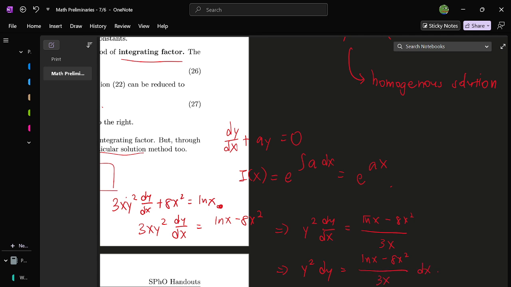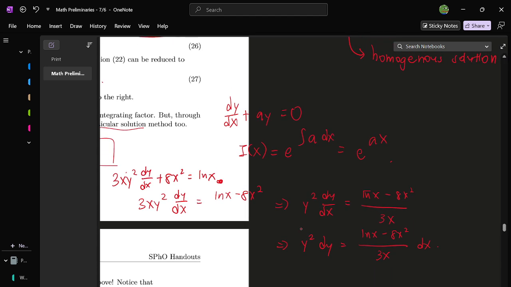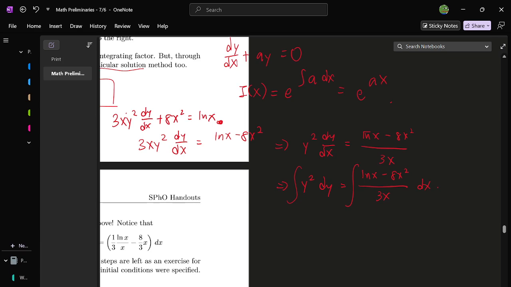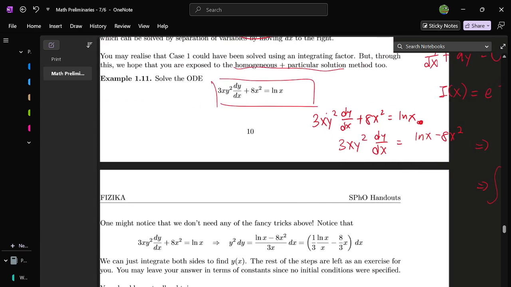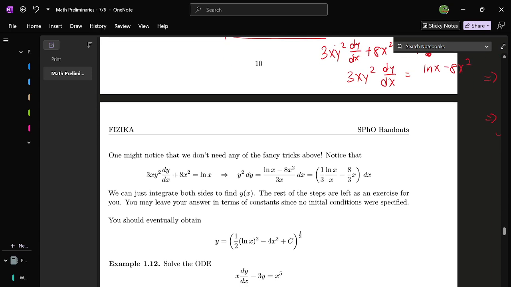So you see by doing this rearrangement, all your y's are on one side and all your x's are on one side. So you actually don't need any of the fancy tricks above. After you do this, all you are left to do is just integrate both sides and then find the corresponding integrals. Now, all this is left as an exercise for you. You should eventually obtain this as your answer.